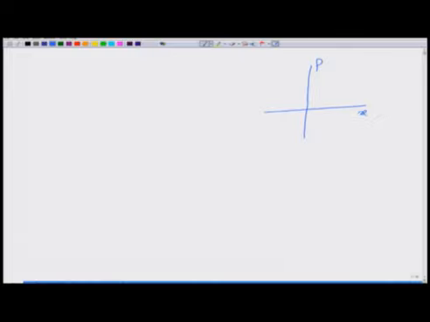I have a negative charge on this side and positive charge on this side. This is rho equal to minus rho 1, this is rho equal to rho 2. This point is x equal to minus x 1 and this point here is x equal to x 2. This is the depletion region.